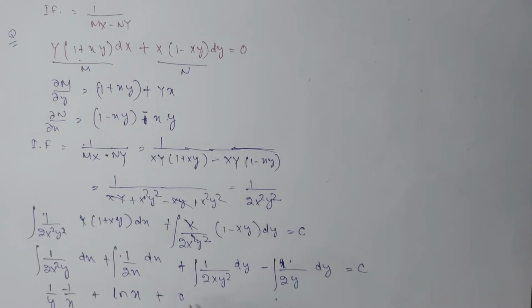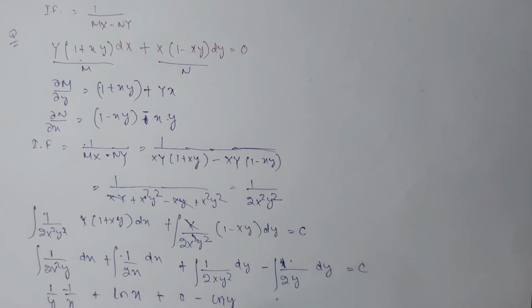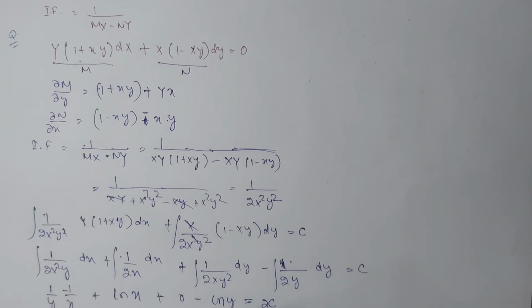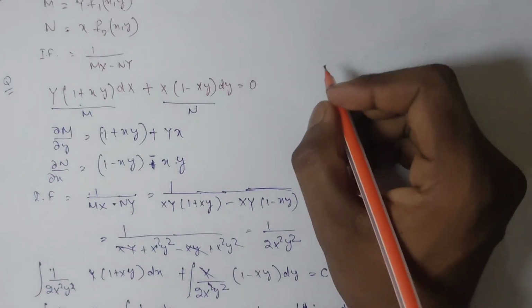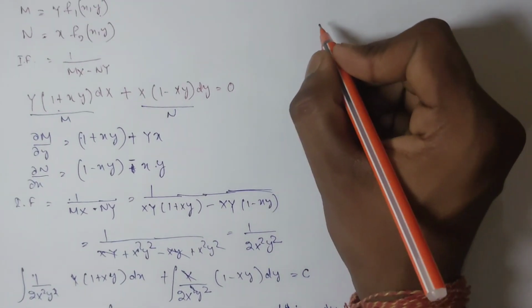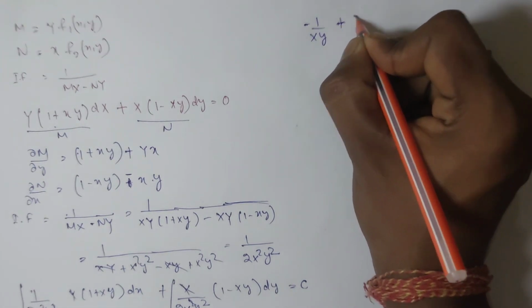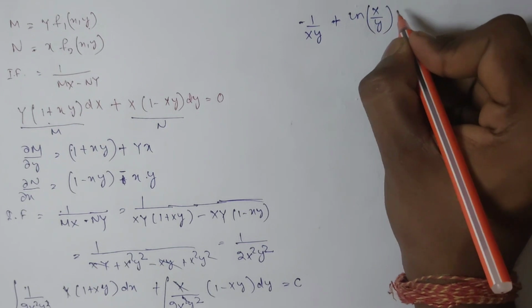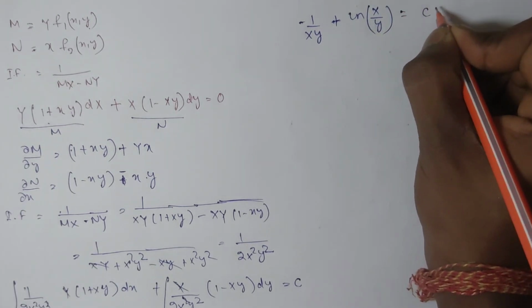And here minus ln y equals 2c, or we can take it as c dash. Further simplifying, it becomes minus 1 by xy plus ln x by y equals c dash.